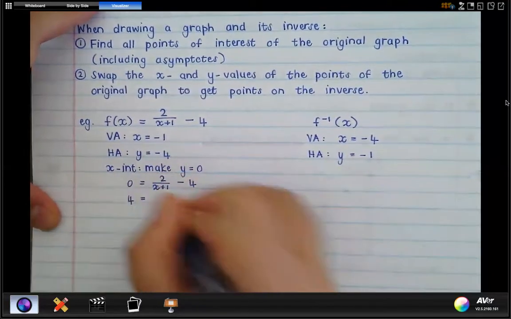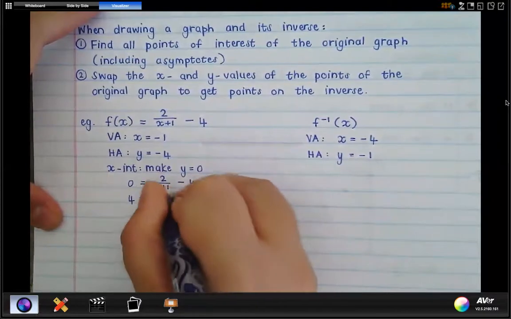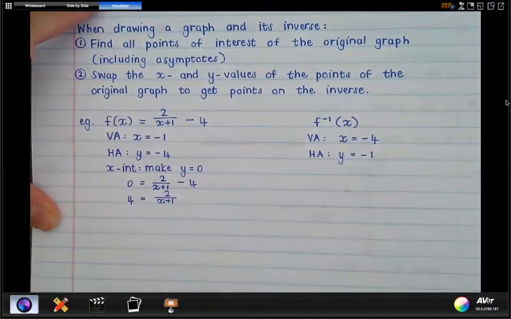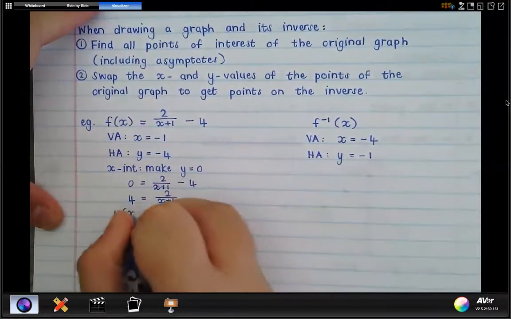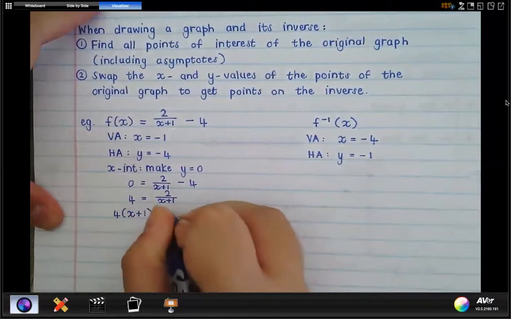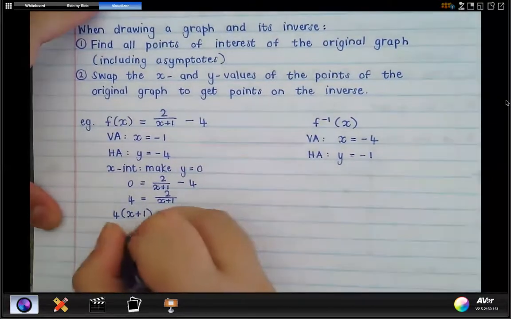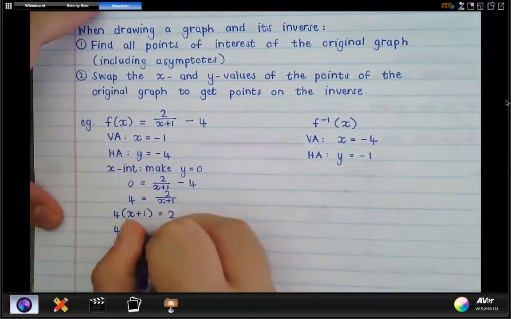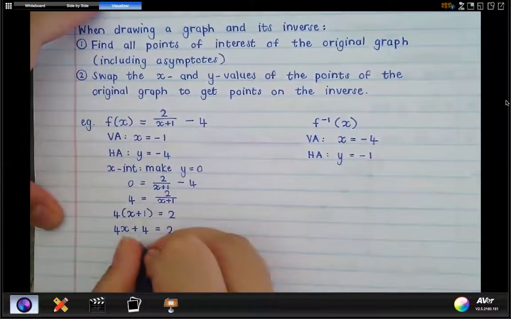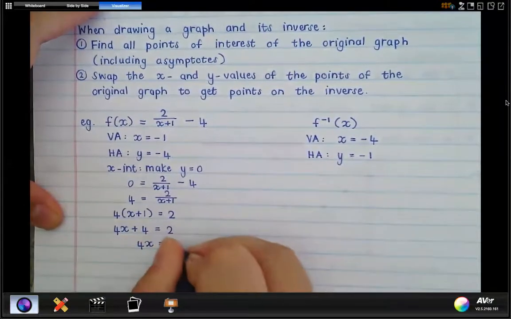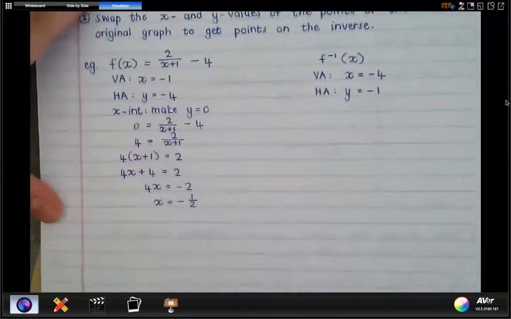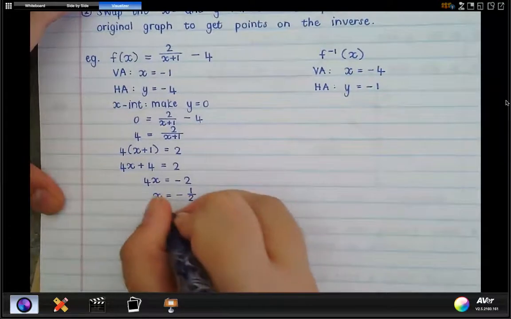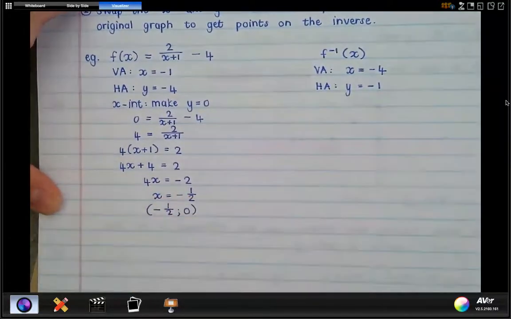I'm going to say positive 4 is 2 over x plus 1. Then we are going to say 4 times x plus 1 is equal to 2. So 4x plus 4 is equal to 2. 4x is -2. So x is -2 over 4, which is -1/2. So the x-intercept is (-1/2, 0).